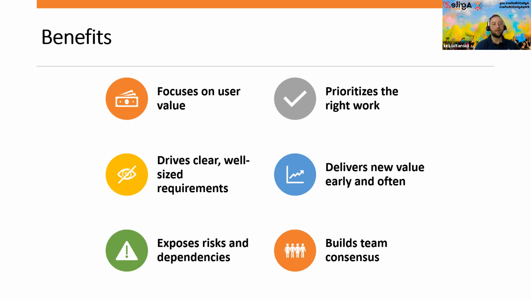Then we are able to define clear requirements. It's easier to prioritize the work in the right order, as I just showed you, so the work is prioritized. It's easy to read all these lines and so on.